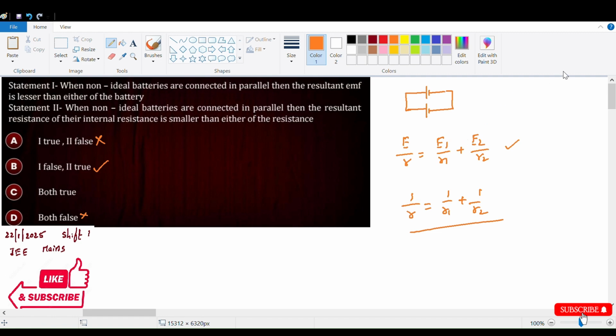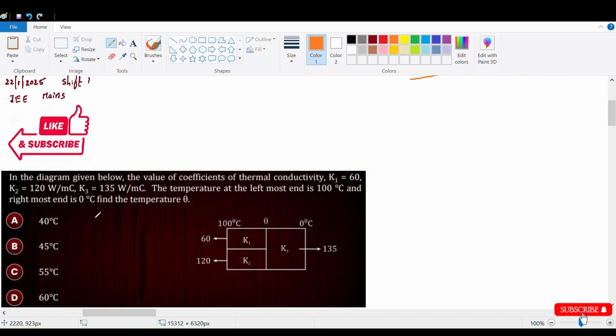Okay. Thermal conductivities K1, K2, K3 are given. The temperature at the leftmost is 100 degrees Celsius and the rightmost is 0 degrees Celsius. K1, K2, K3 values are given. What is the temperature theta 1? Whenever these questions are given, consider each conductor as a resistor.